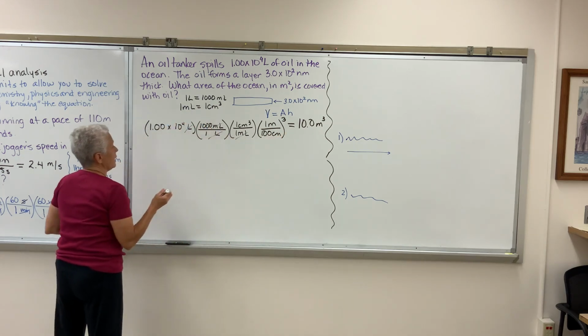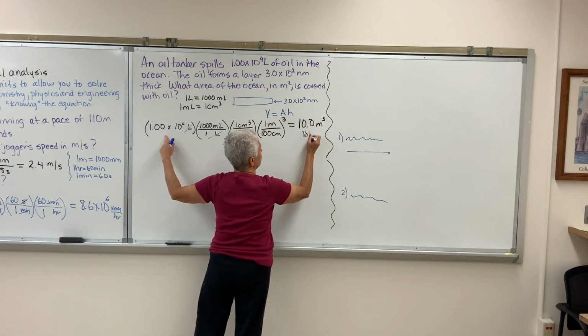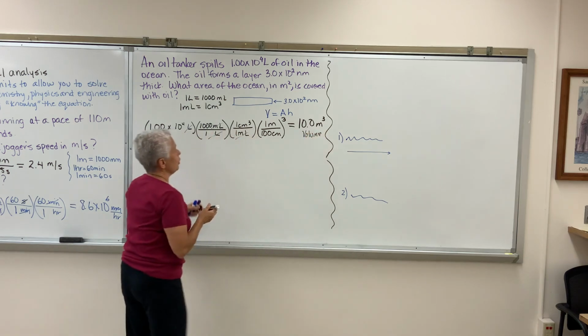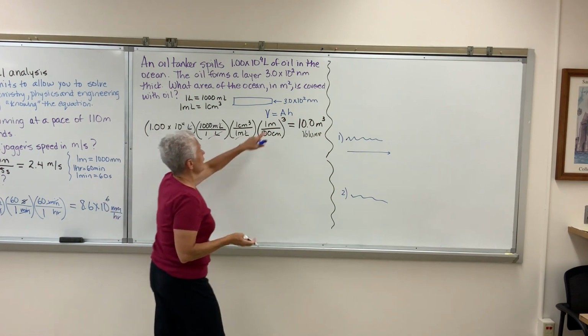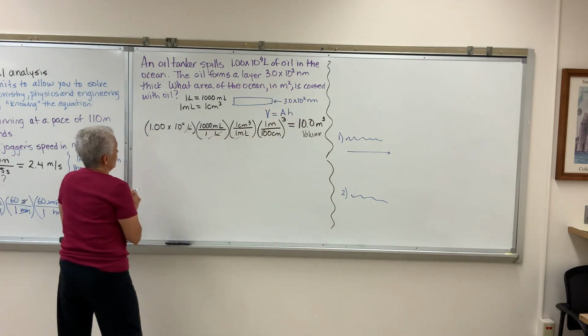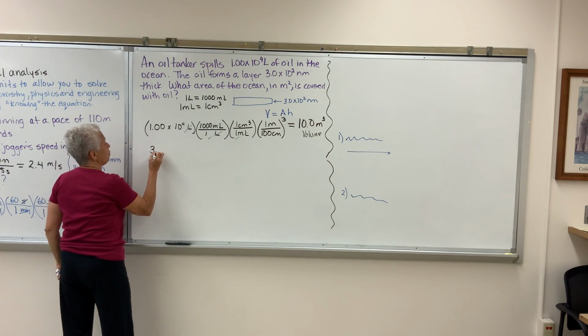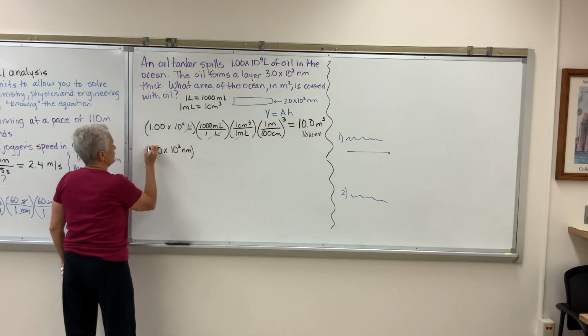Okay. All right, so I have that volume. So this is volume. I got that guy now in meters cubed. Now I've got the height in nanometers. So again, we can work it out here. 3.0 times 10 to the 2 nanometers.